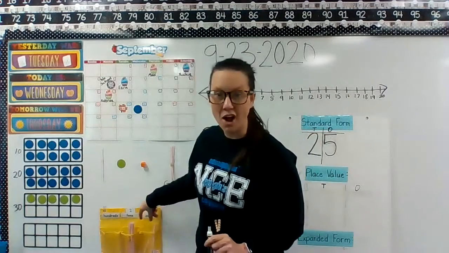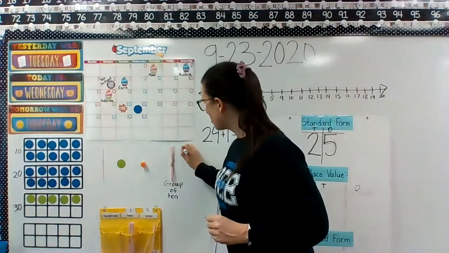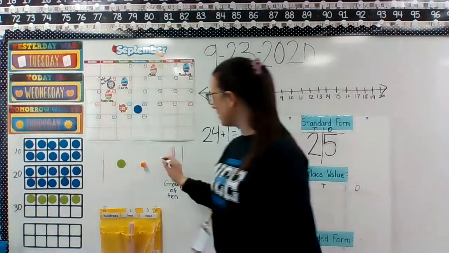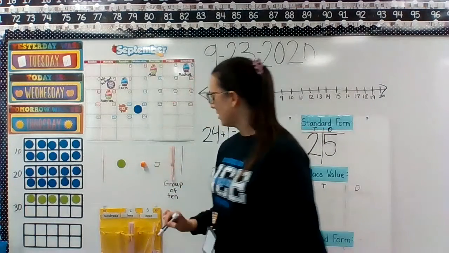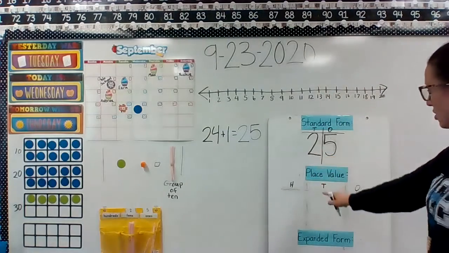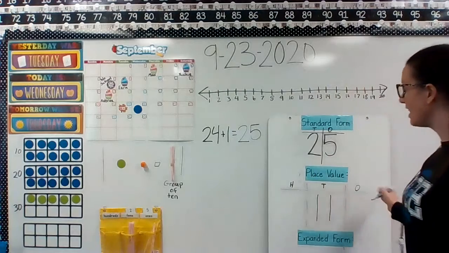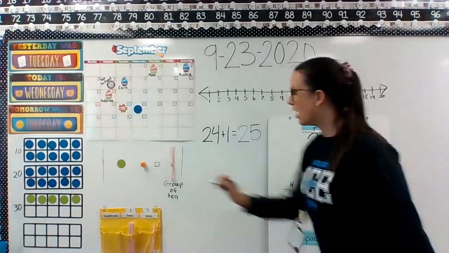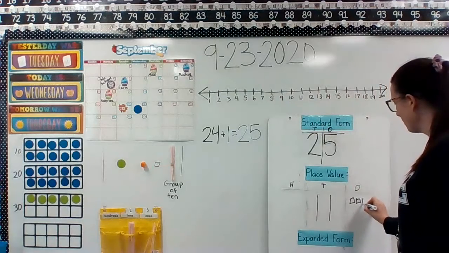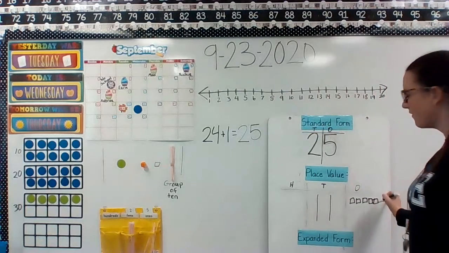Okay, so now let's draw it. Remember, a group of 10, we draw it like a straight line down, right? And a 1, we can draw like a square, okay? So we know we need 2 groups of 10, and we need 5 1s. 1, 2, 3, 4, 5.